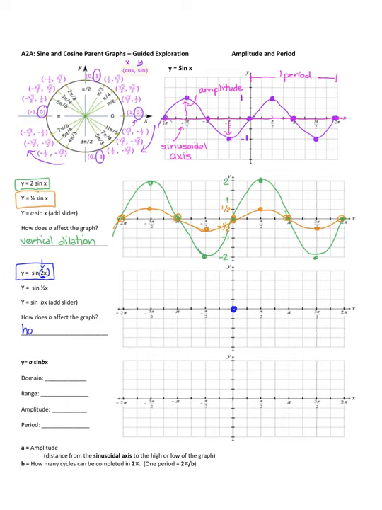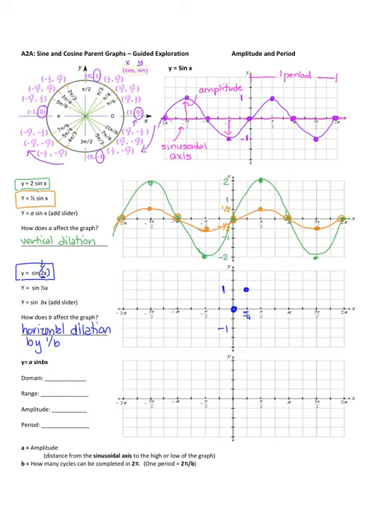So this is a horizontal dilation, and remember this is going to be by a factor of 1 over b. So if the letter inside was b, this is going to shrink me by 1/2. So instead of being at 1 at pi over 2, I'm now going to be here half the distance, which is pi over 4.